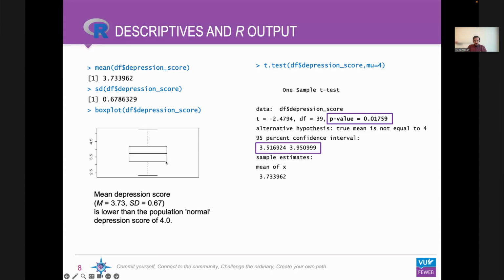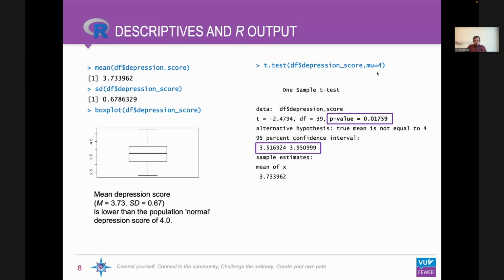This is the middle 50% of the data. This is your median. And then these are the 75 and 25 percent points. But essentially, you look at how variable your data is with a box plot.